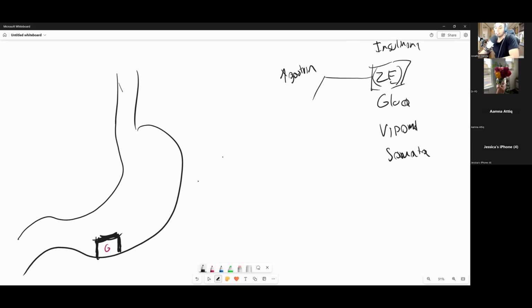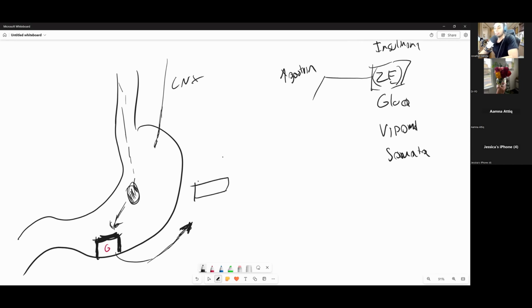And remember, the main stimulus here is food entering. You have chyme that enters the stomach, it will change the pH of that stomach area, and then you would have stimulus of these G cells. G cells are also stimulated by the vagus nerve, cranial nerve 10. G cells are going to release gastrin. Gastrin goes where? To the blood, right?